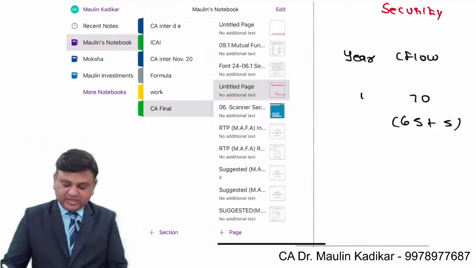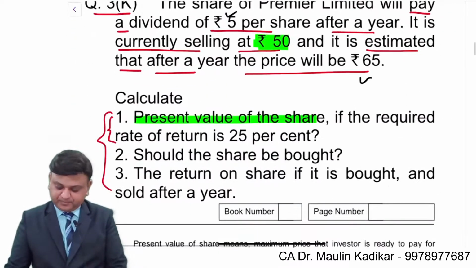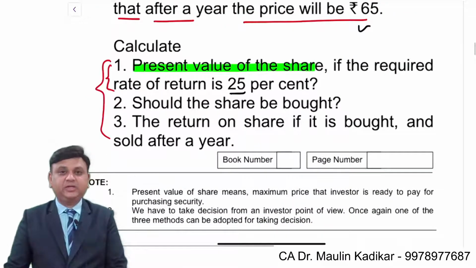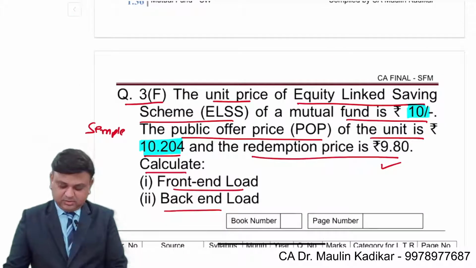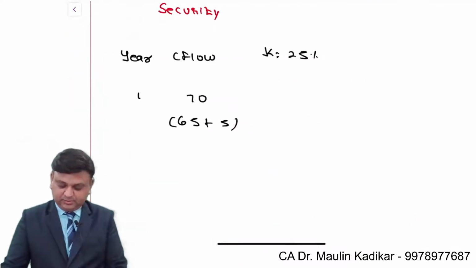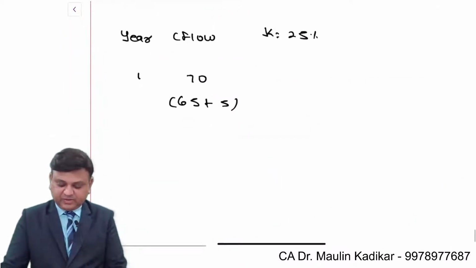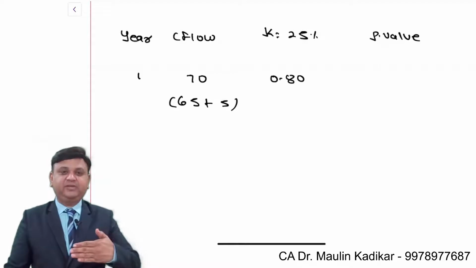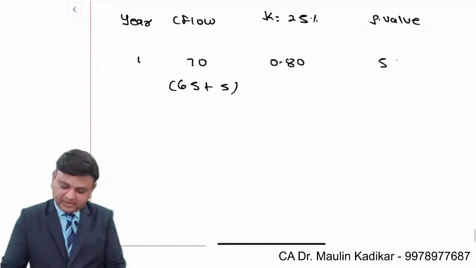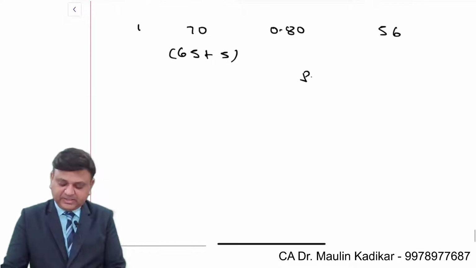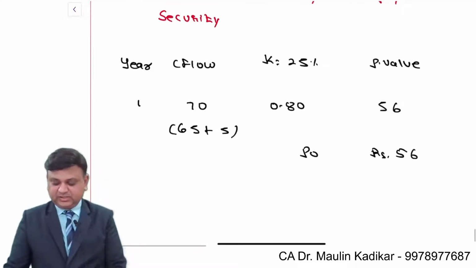It is discounted at the rate of 25%. Why? Because 25% is the required rate of return. So the 25% first year factor is 0.80. Present value: 70 rupees into 0.8, that is 56. So the maximum price that the investor is ready to pay for the security is rupees 56.